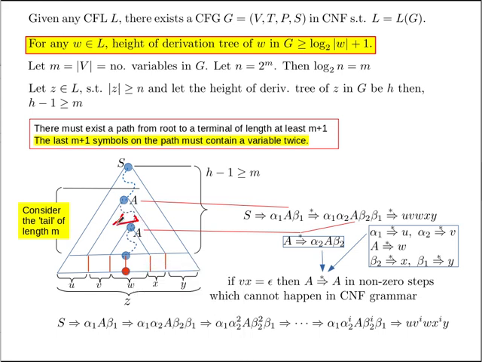So this A expands into some alpha 2, A, beta 2, right? So this A is this A, and these two A's are this one.